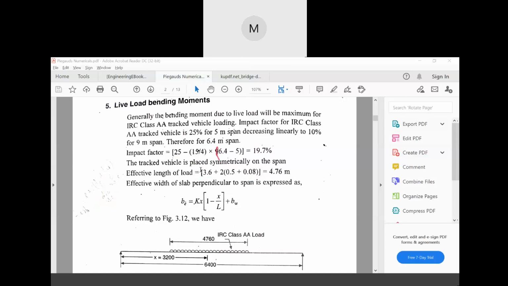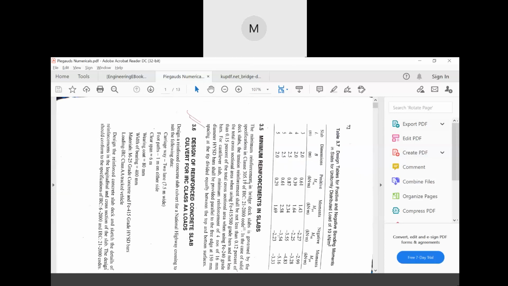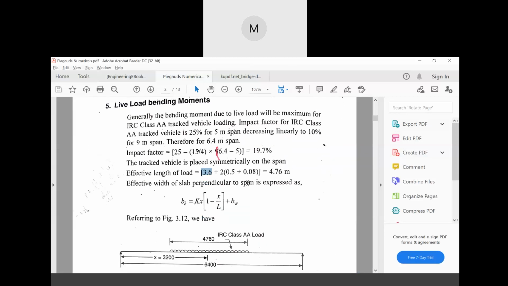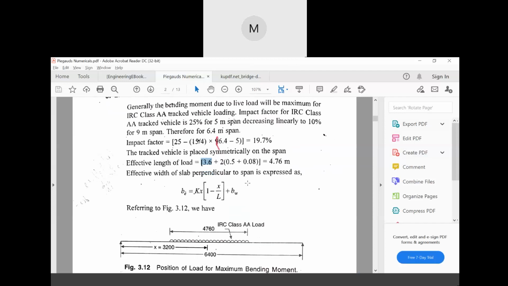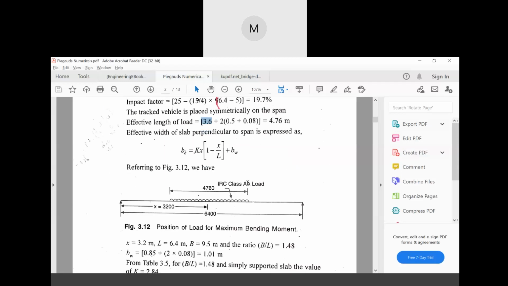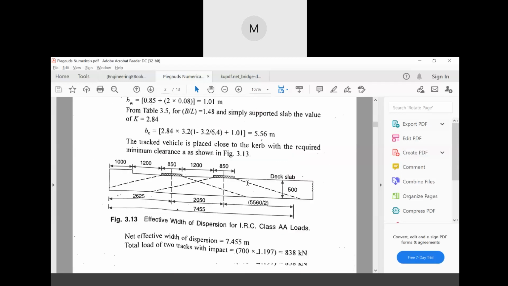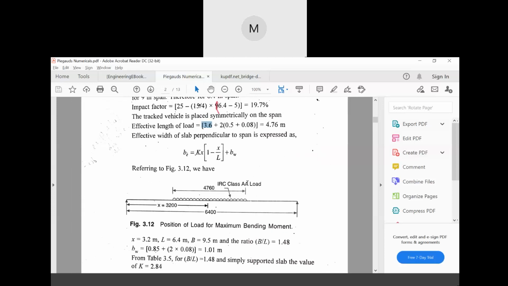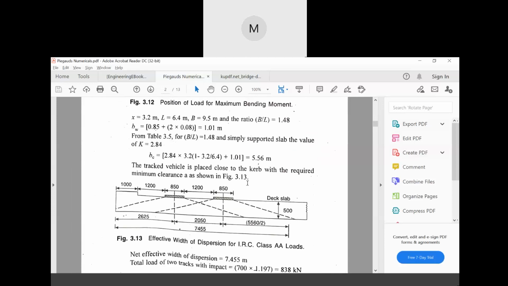This 3.6 thing came from this IRC class AA track vehicle. If you see there in the diagram, the width of the track is 3600 mm, in the very first figure that you drew in class. Okay, so this is how you'll be finding out. I hope this is clear up to this part. Effective length of the load.